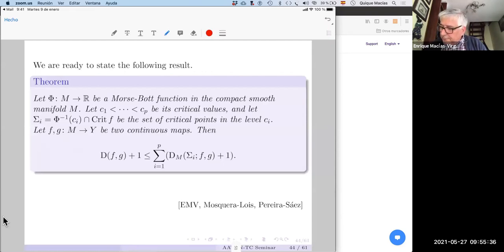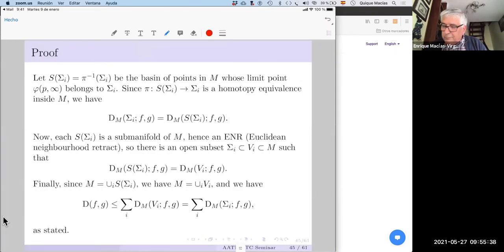And for the proof, we follow the proof from Farber for the case of topological complexity. You consider the basin of attraction of a critical submanifold, and then the projection is a homotopy equivalence. So the distance on the critical manifold is the same as the distance on the basin of attraction.